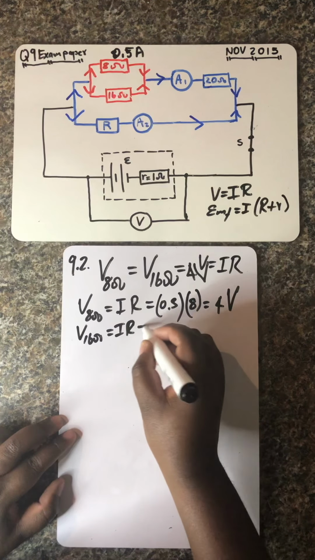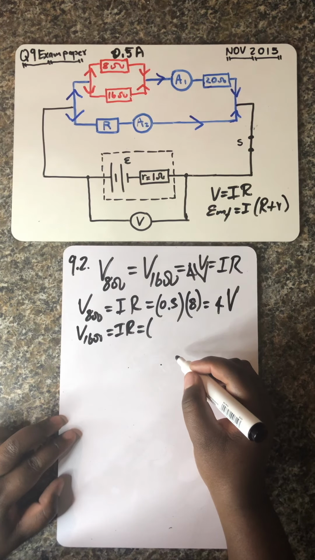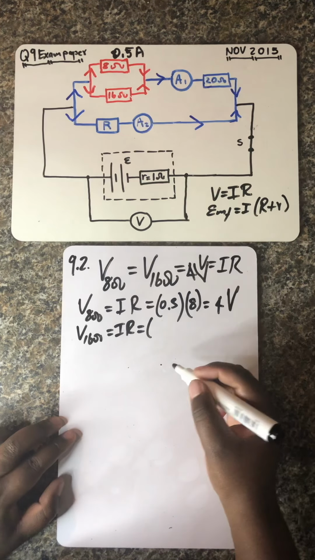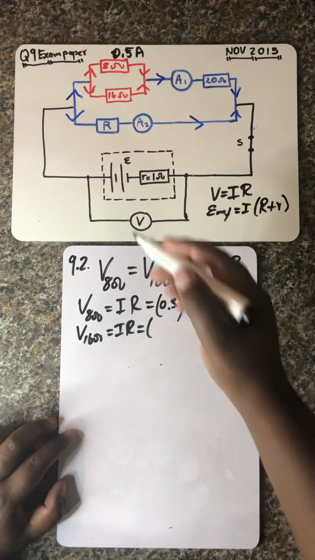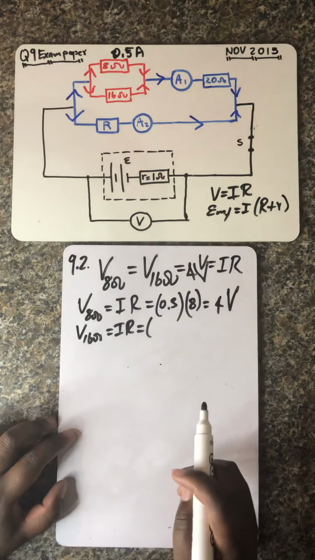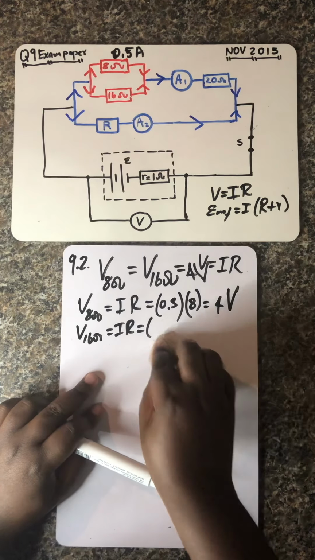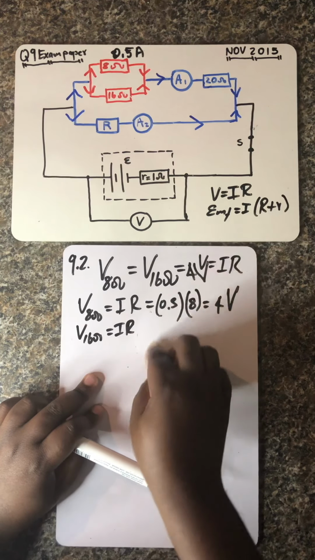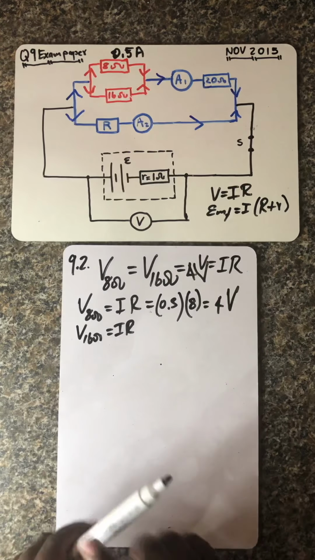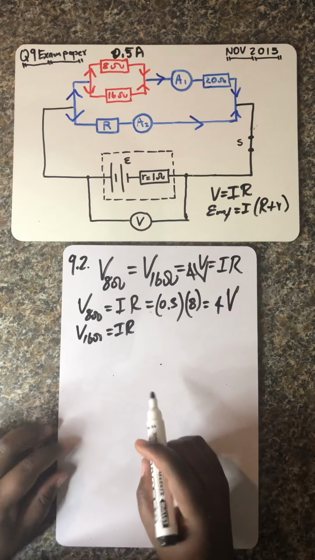Now we can calculate using the same formula, V of 16 ohms. There's something that we don't know. Obviously, it's not the V that we're calculating, but the current flowing through the 16 ohms resistor. I just noticed after writing this formula. So it helps to start by writing the formula, because you'll be able to see what you have and what you don't have.